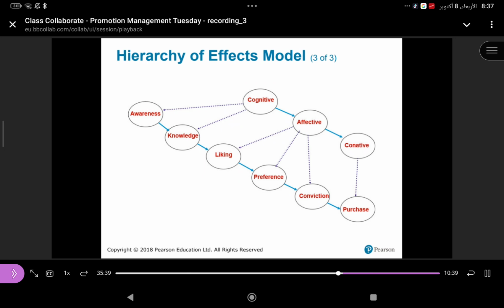So the customers of STC and Aramco, first they will see Ittihad Football Club. Second, they will gain some knowledge. What is it about?